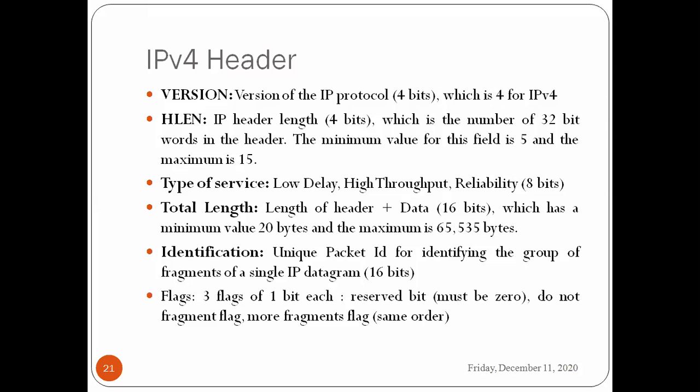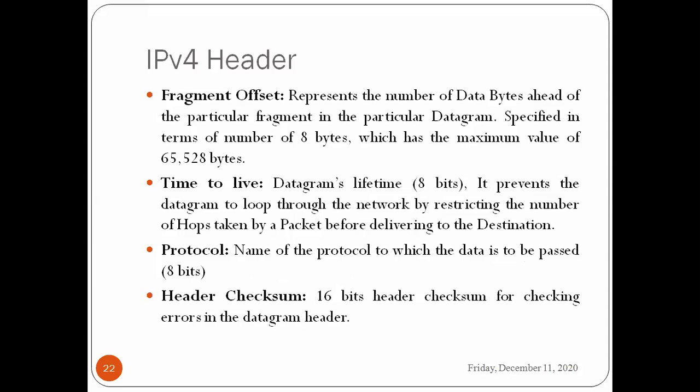Based upon this flag bit, we are going to mention it. Then the fragment offset represents the number of data bytes ahead of the particular fragment in a particular datagram, specified in terms of 8 bytes, which has a maximum value of 65,528 bytes.